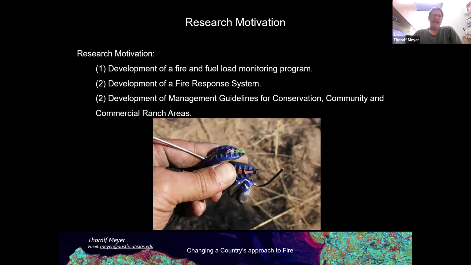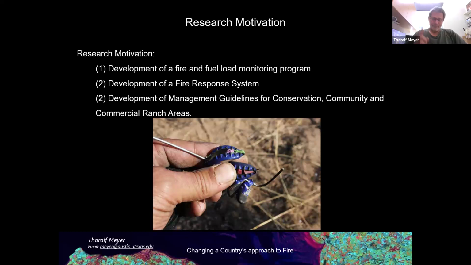So over time, we developed a couple of questions together with some authorities, because we wanted to develop some management guidelines for large-scale savanna management, let this be in conservation areas or on somebody's extremely large cattle ranch. And we wanted to see if we can use some sort of a forecast model to inform fire response units, as well as to develop a fire management plan.